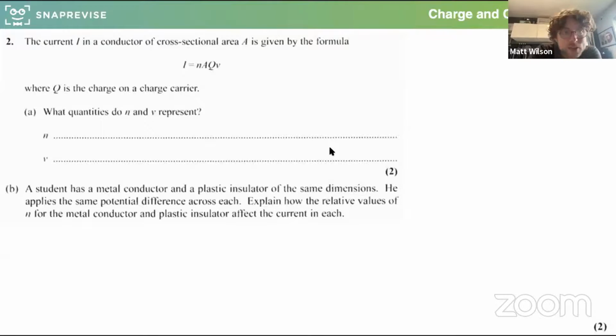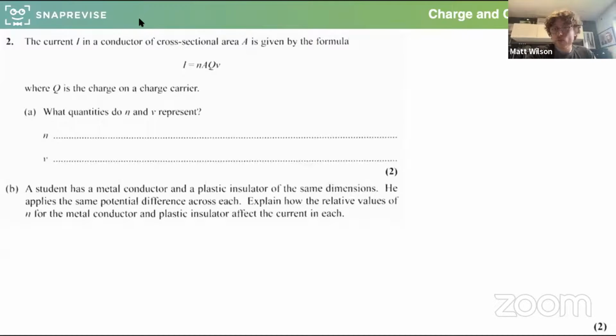The current I in a conductor of cross-sectional area A is given by the formula I equals NAQV. So this is this version that you mentioned in the chat before, where Q is the charge on a charge carrier. So here, the things that are drifting through the wire causing a current might not be electrons, but they almost always are. What do the quantities N and V represent?